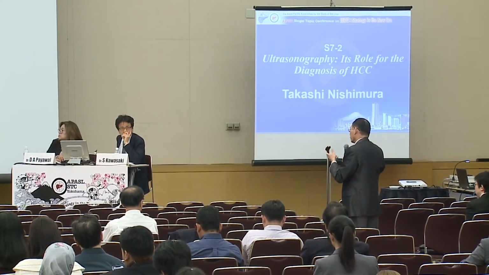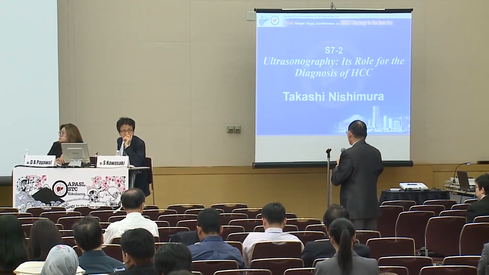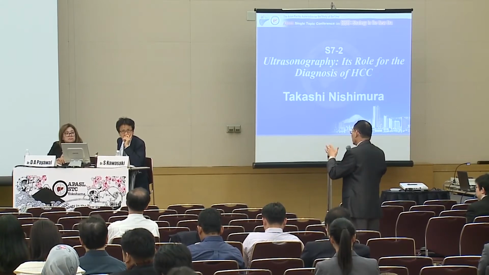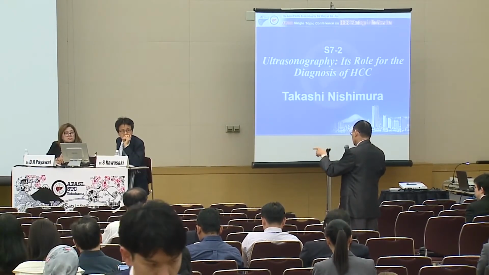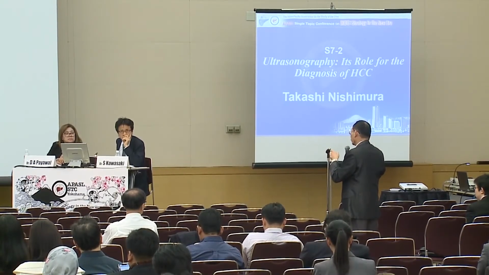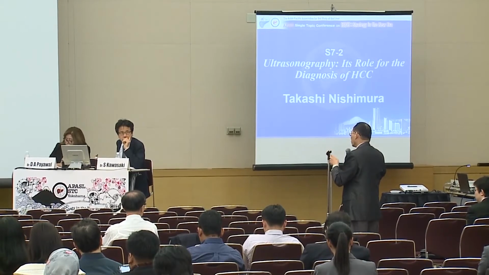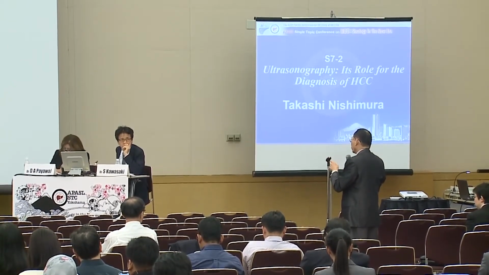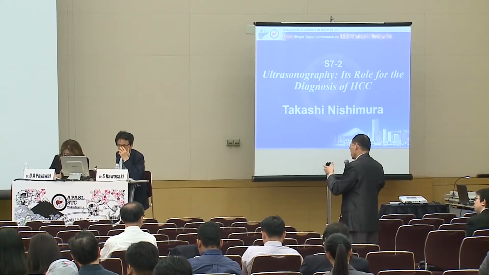The second question is, since CEUS can see more clearly the nodule type, as you said, a simple nodule or nodule with extranodular or confluent type, do you suggest all the patients with a tumor found by conventional US should do CEUS?